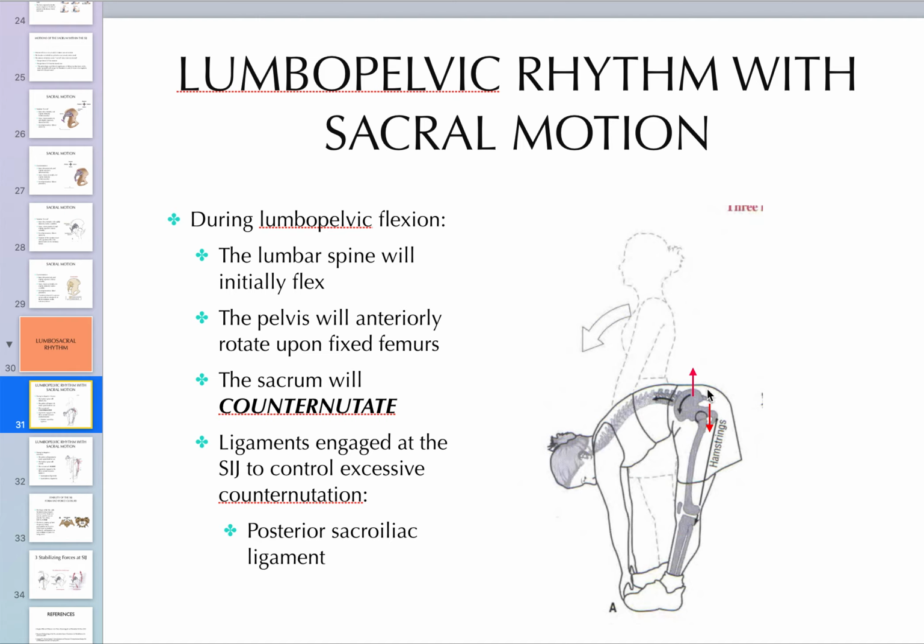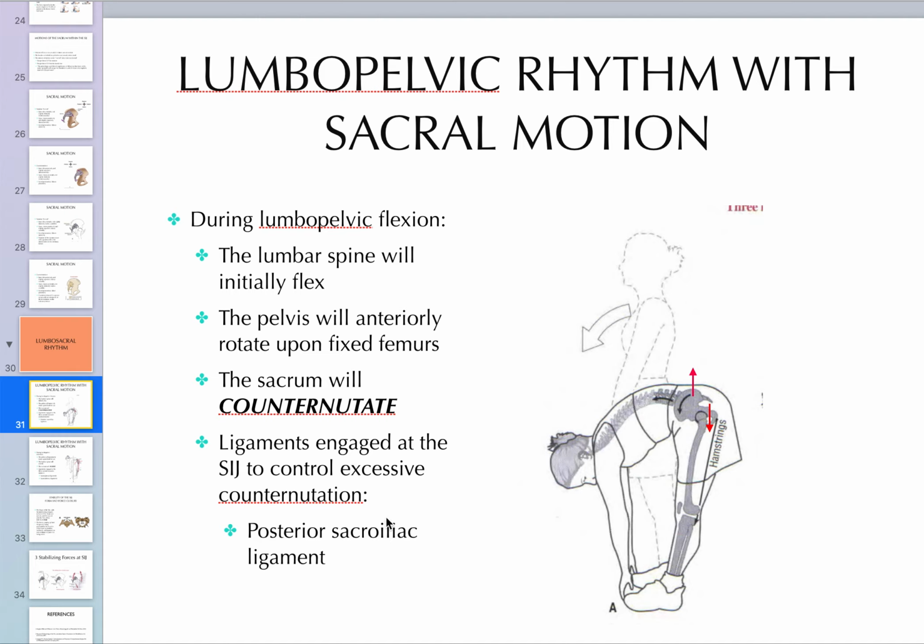But now we know that the sacrum is also another player in the game. What happens with the sacrum is that it goes into counter nutation, right? So if the innominate goes into anterior rotation, the sacrum will be going into counter nutation. The sacral base will be moving posteriorly, while the sacral apex will be moving anteriorly.